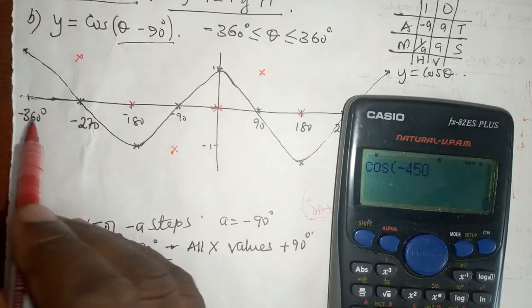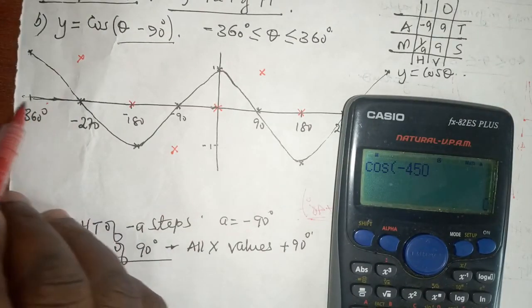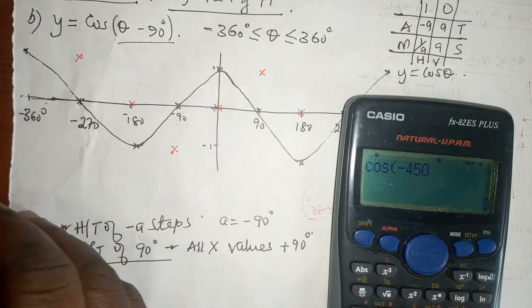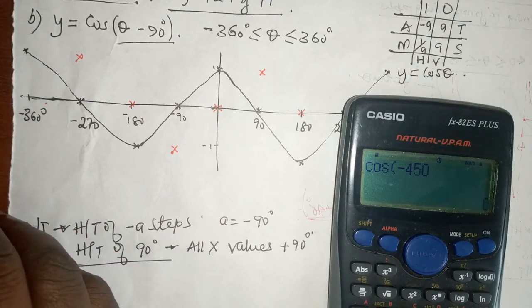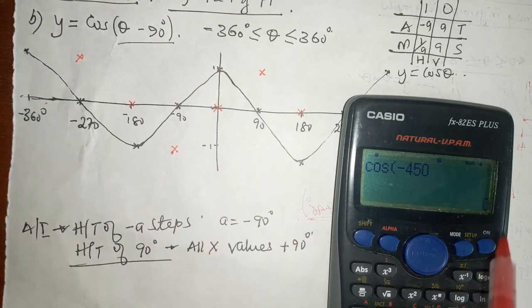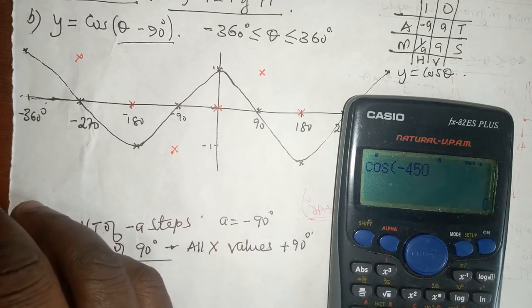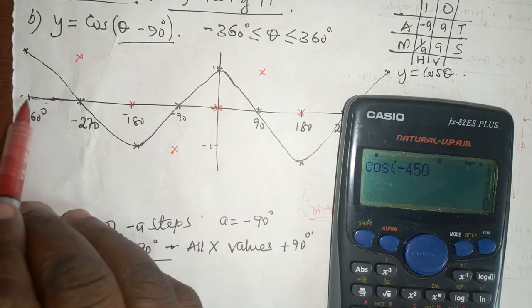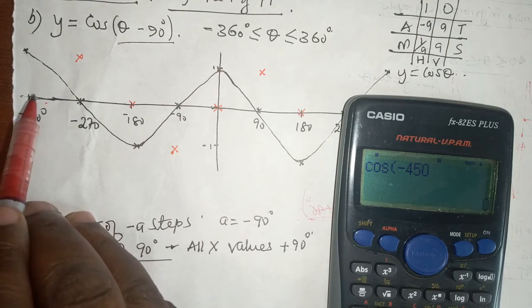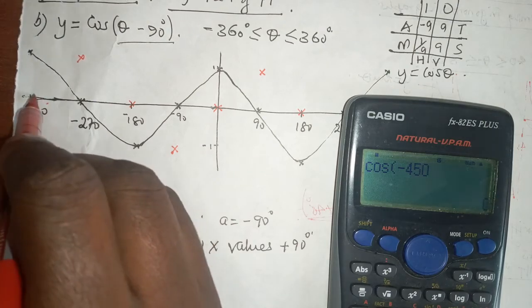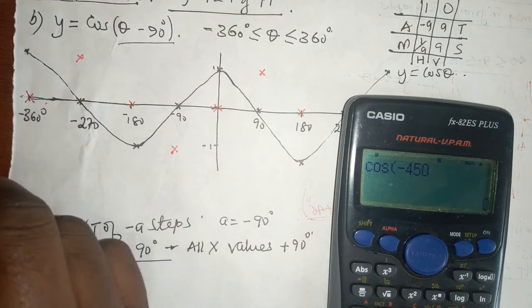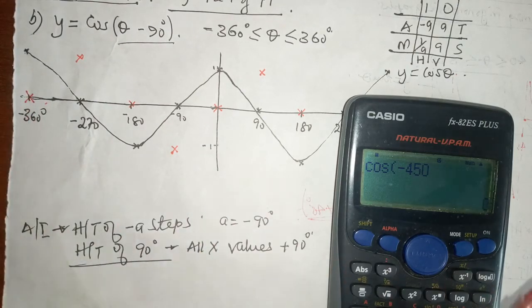So if you were to move this graph to the left, we are supposed to have minus 450 degrees, and the cosine is going to be 0. Minus 450 plus 90 is negative 360, and the cosine being 0 won't change, so we will have that point shifting from this end to this particular point.